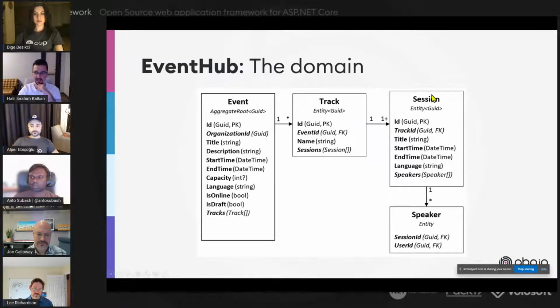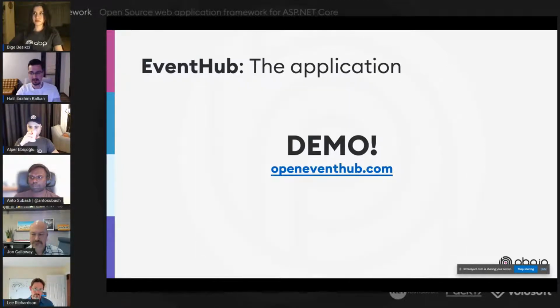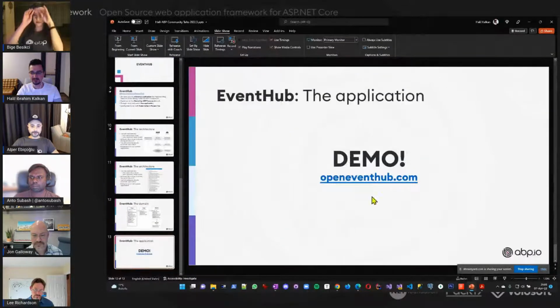So every track has multiple sessions, and every session can have multiple speakers. So this is the event aggregate. It's a complex example, and you can investigate its source code to understand how it is implemented. I cannot show the source code for the time limitations. We may create an event for that in the future.